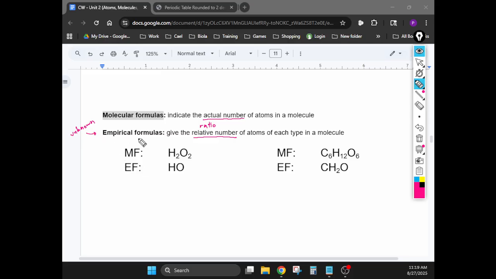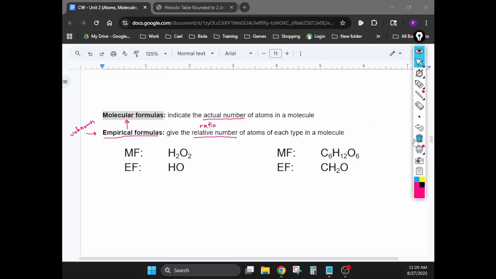We can use the empirical formula to find the molecular formula. It's a technique we use, and we'll talk more about it in next unit, maybe the unit after, but it's coming up soon. I just wanted you to know the difference between these 2 types of formulas. Okay, let's move on to the last topic now.